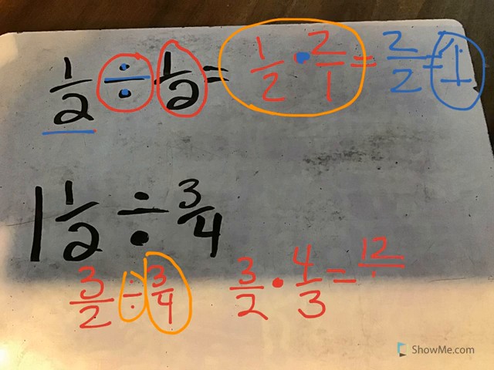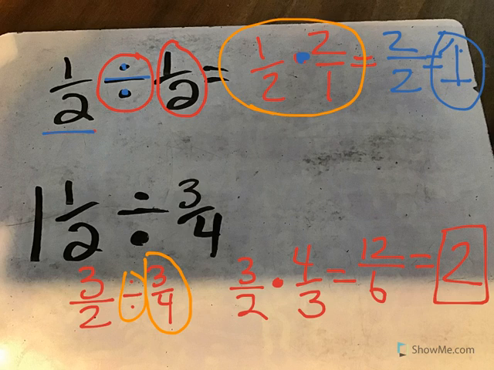And 2 times 3 is 6. Now we can cross cancel, and I'll show you a video on that later, but let's not worry about that now. 3 times 4 is 12, and 2 times 3 is 6. I can simplify that. 6 will go into 12 2 times evenly, with no remainder, so our answer, our quotient, is 2. So 1 1/2 divided by 3/4 is 2.